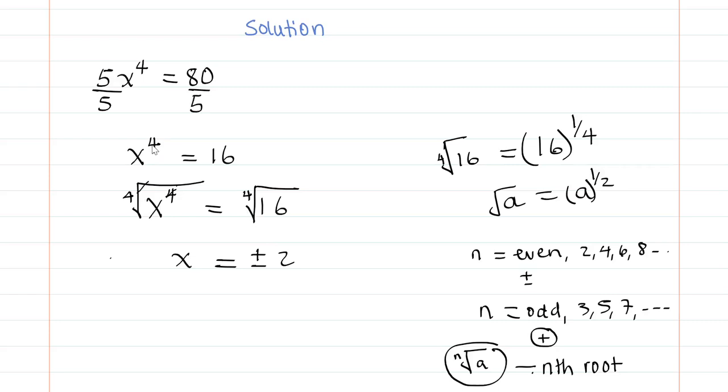But if this one was an odd number like 5, 7, then we just take the 7th root or the 5th root of 16, which will be positive. And other signs in the question can alter that. So this is the answer for number 10b.